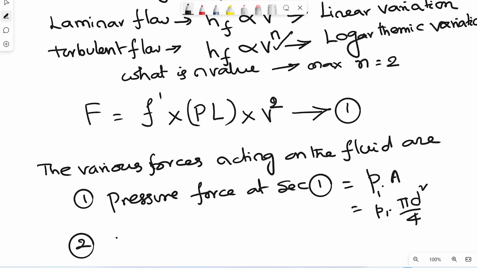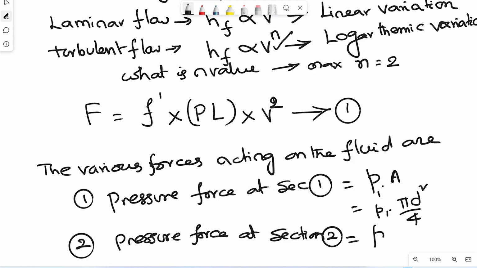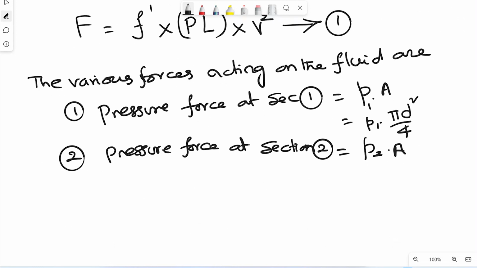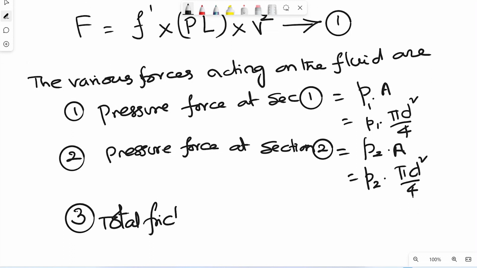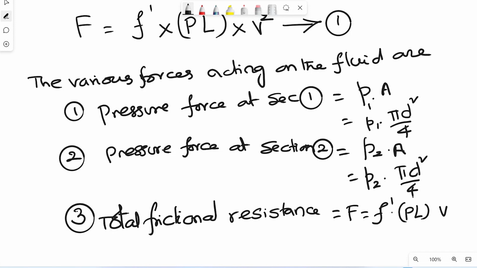Then pressure force at section 2, that is P2 into A, which is equal to P2 into pi d square by 4. And what is the third force? The total frictional resistance. What is it actually? It is F equal to F dash into P L into V square.